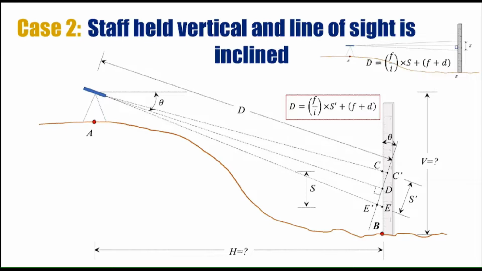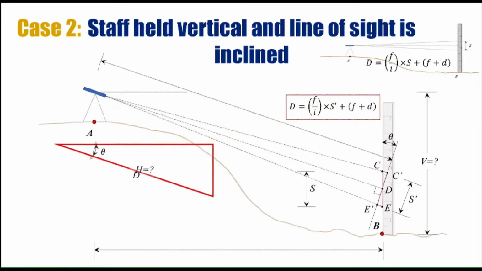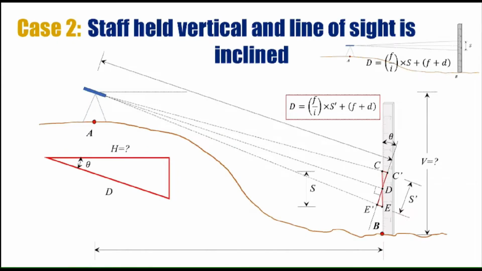But keep in mind that we don't require the inclined distance d, we actually require the horizontal distance h. So in order to determine the horizontal distance h, we need to consider this right angle triangle. In that right angle triangle the base is h and the hypotenuse is d.